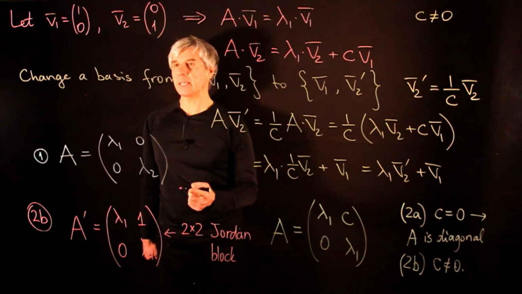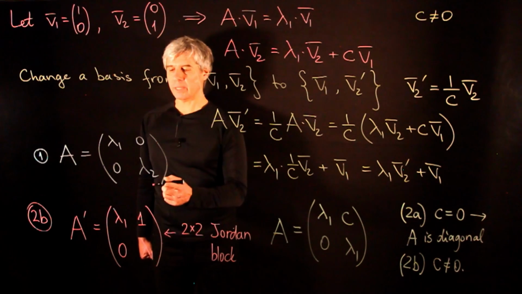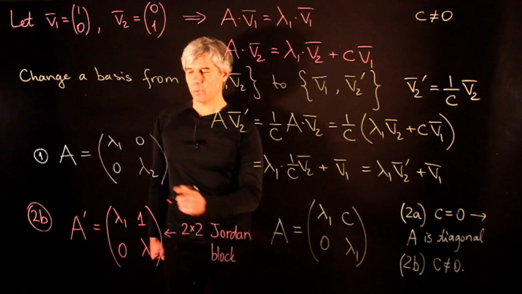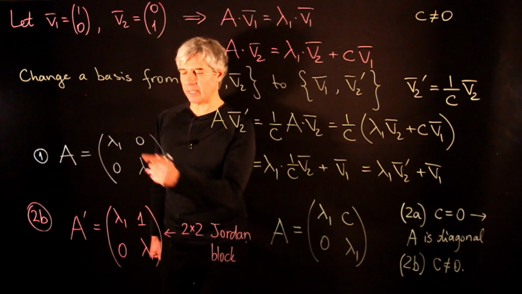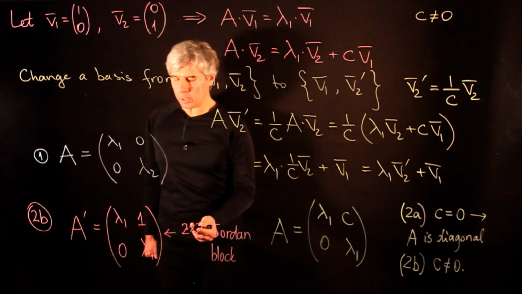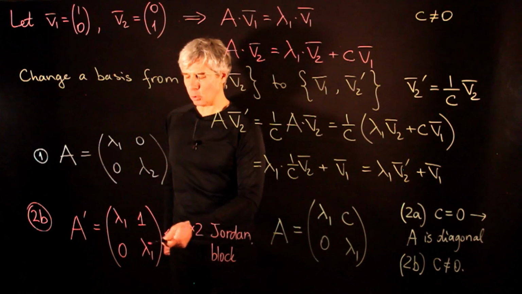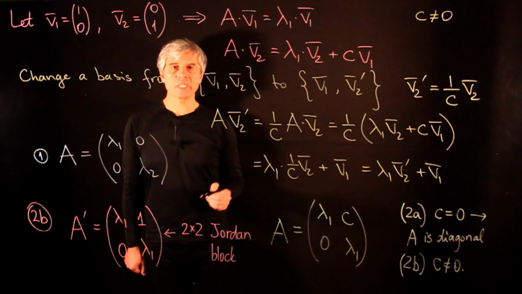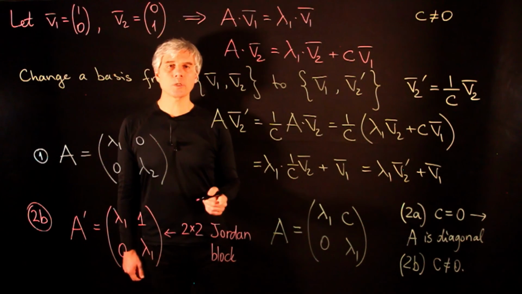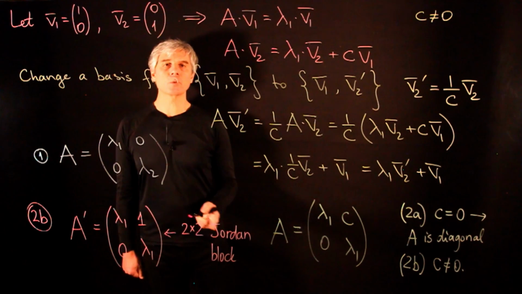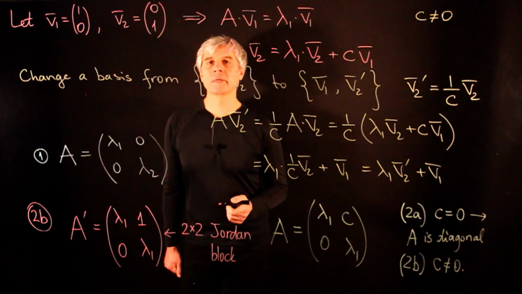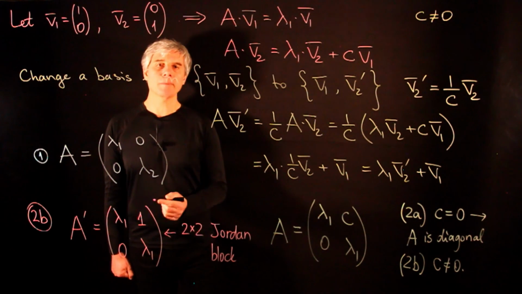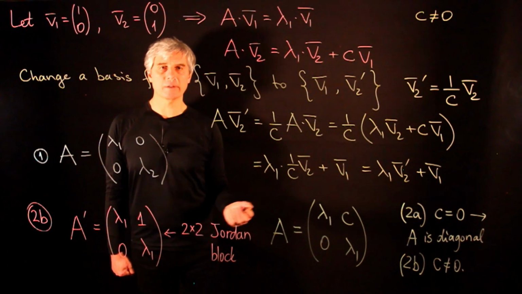So we see that in the 2 by 2 case, we can either bring a 2 by 2 matrix to a diagonal form with equal or unequal eigenvalues on the diagonal, or we can bring it to a 2 by 2 Jordan block with the same eigenvalue on the diagonal. We see that the theory of Jordan normal forms is guaranteed to work over complex numbers, because we require that the characteristic polynomial may be factored into linear factors.